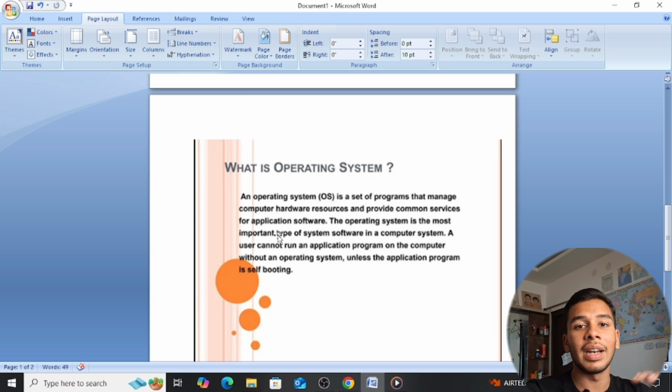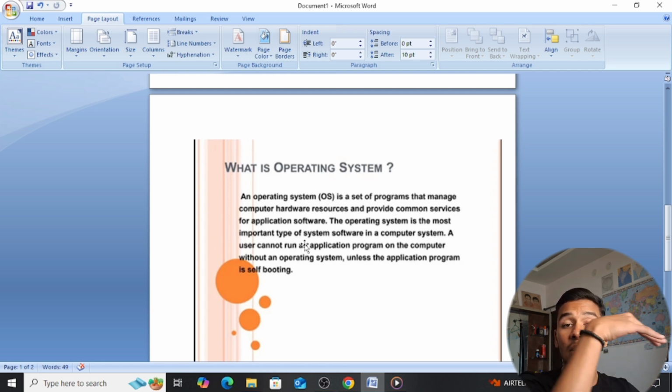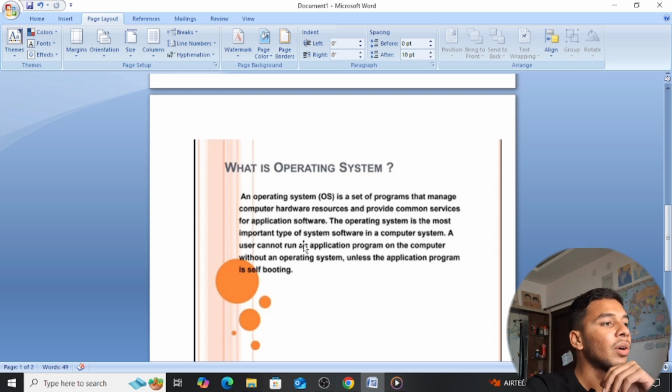If you're building any software, especially application software, then this OS is very much important. The operating system is the most important type of system software in a computer system. If there is no operating system, then you cannot control the whole computer system, because it cannot understand high level language, it cannot understand your own specific language. So a user cannot run an application program on the computer without an operating system.